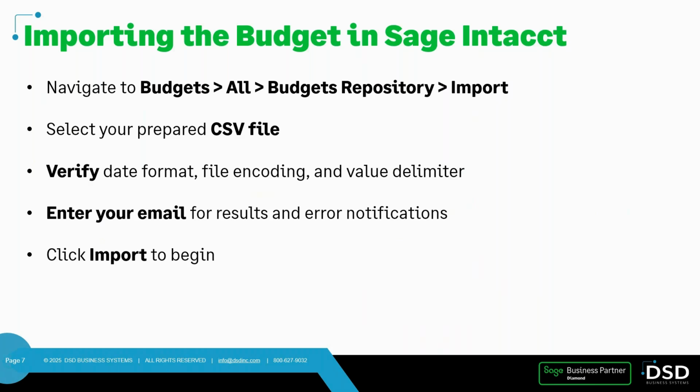You want to make sure that your dates are correct, the file encoding is correct, as well as the value delimiter. You'll have your email entered there. This is when it does import, it imports offline. As you know, you have an option for some of the other modules where you can do offline or online.